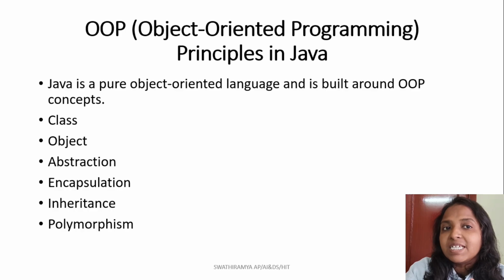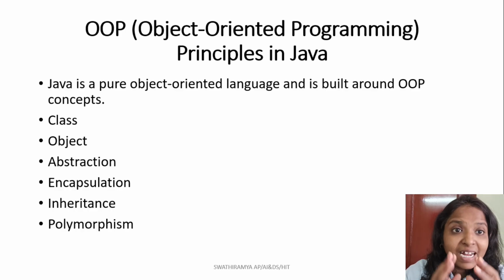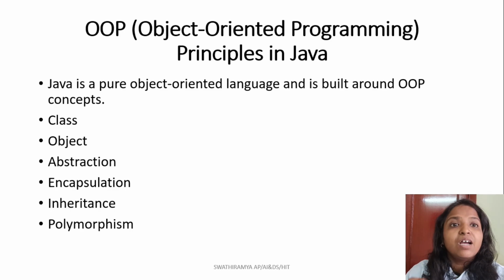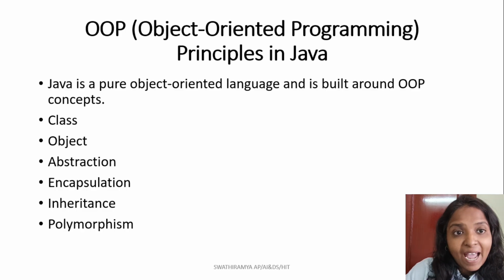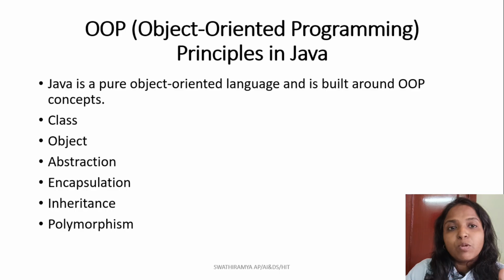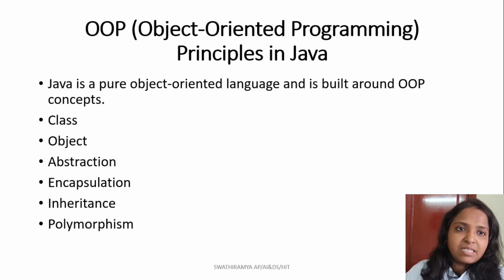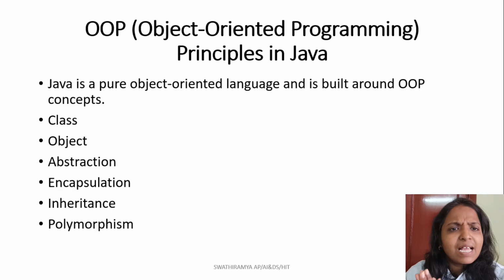So we need to create a design which contains the properties, that is, the basic details each student should possess, and what actions the student may do. These things will be put into the design. The design is called a class. That is what we call a class. Class is nothing but a design or blueprint of this data.